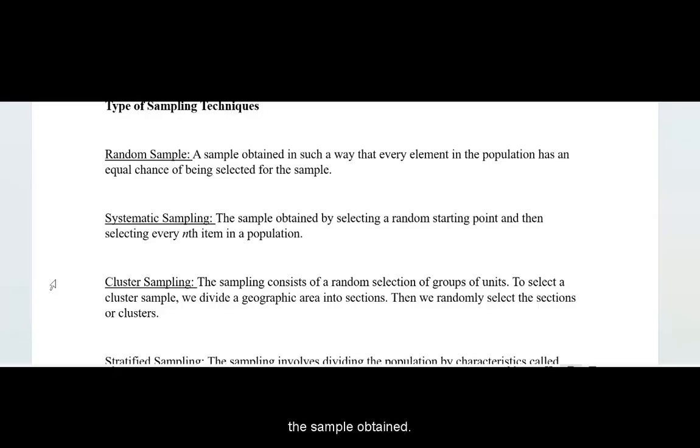The other one, number 2, systematic sampling. The sample is obtained by selecting a random starting point, and then you're selecting every nth item in a population. All right, so for example, maybe you have people coming out of a store and you want to survey them, and it's a particular store that you were looking for.